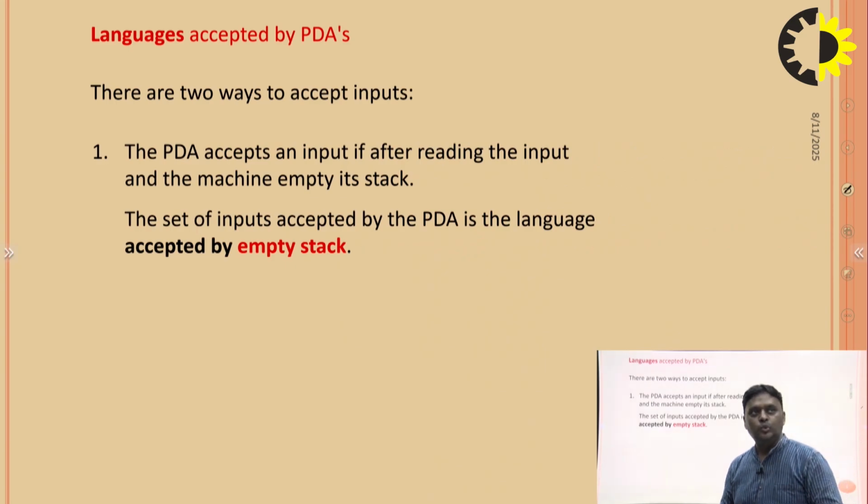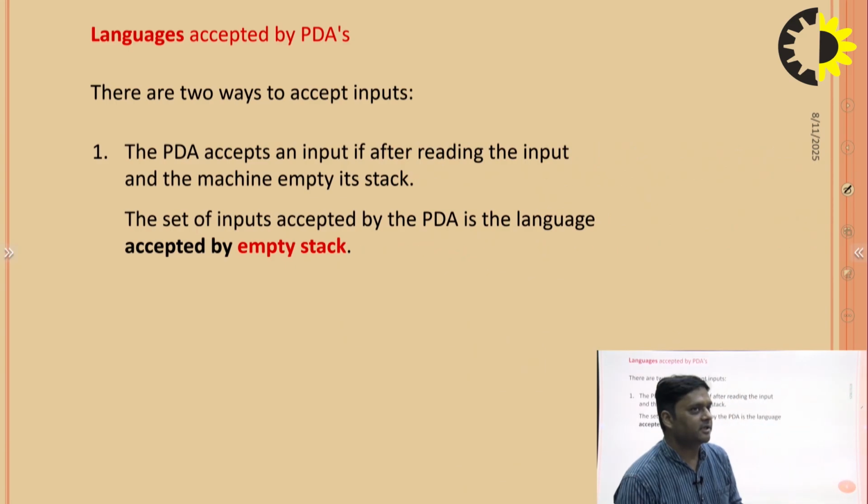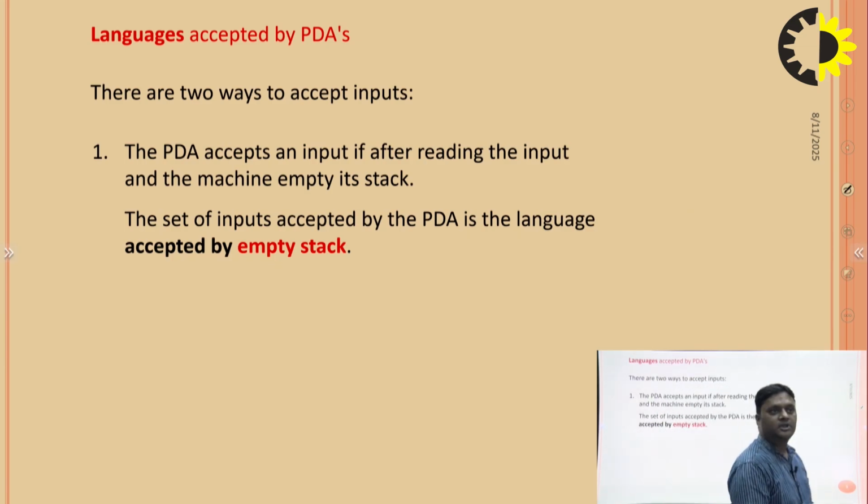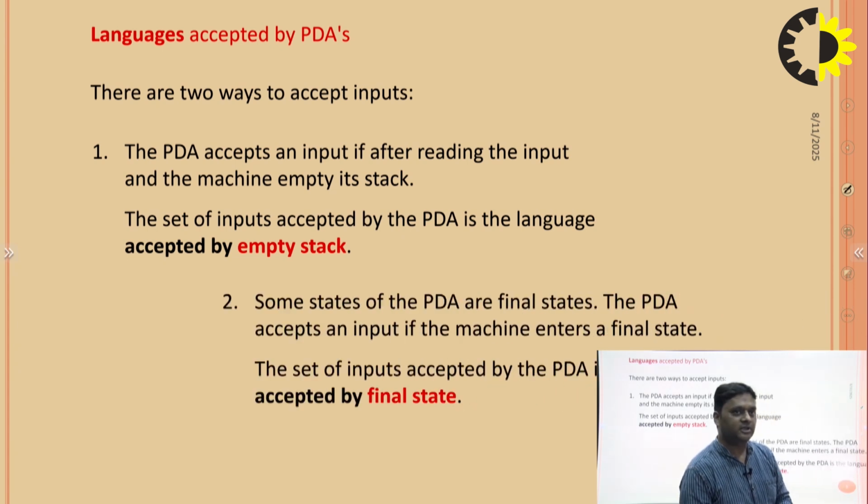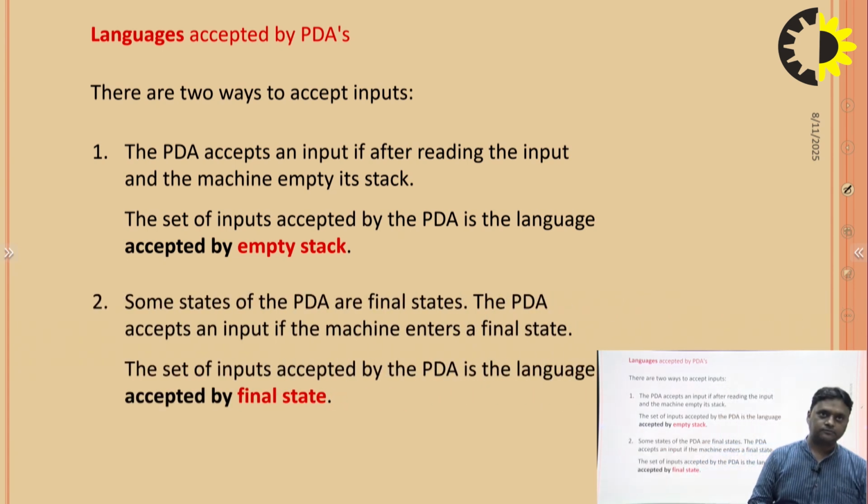There are 2 ways by which strings are accepted by PDA: with the help of empty stack and with the help of final state. The PDA accepts an input if after reading the input the machine empties its stack.